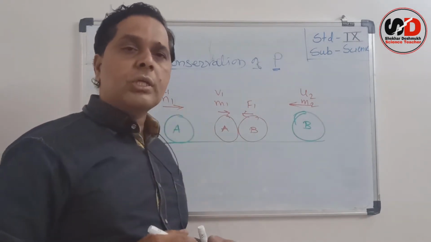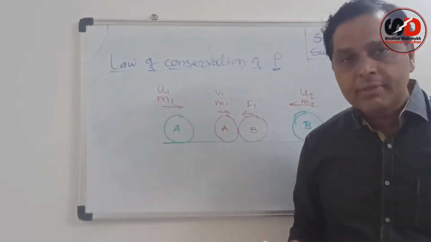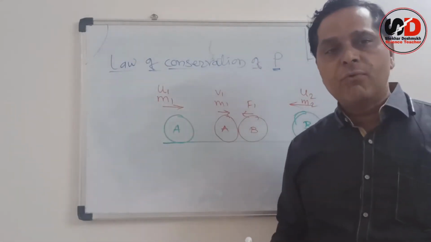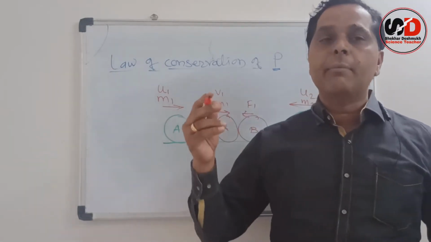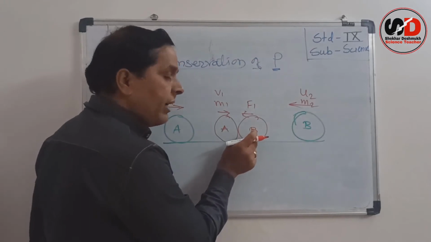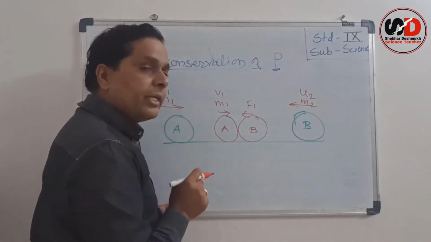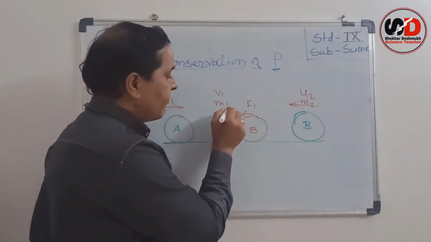बट अकॉर्डिंग टू न्यूटन्स थर्ड लॉ, आपण न्यूटन्स थर्ड लॉ मध्ये आताच काय बघितलं? फॉर एव्हरी ऍक्शन फोर्स देयर इज इक्वल अँड अपोजिट and simultaneous reaction force is there. So B, suppose B applies F1 force on it, then A also applies some force on it. Suppose that force be F2.